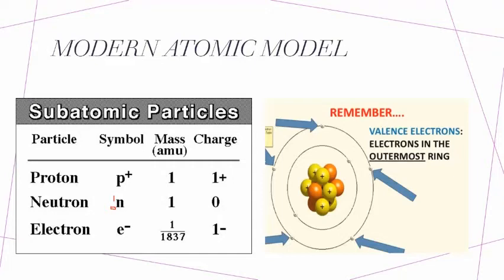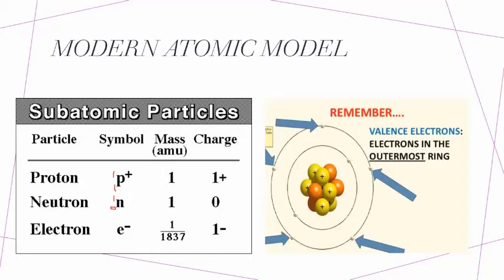So what is a proton? A proton has a unit positive charge. It is almost equal to the mass of one hydrogen atom. It is denoted by P, with mass number 1 and atomic number 1. I have already shown you the representation: mass number comes on the top, atomic number comes on the bottom.